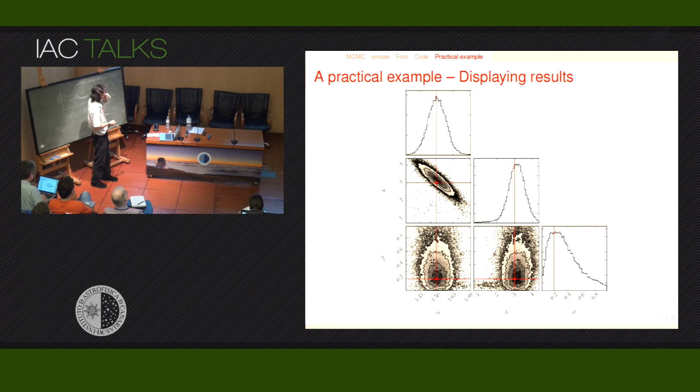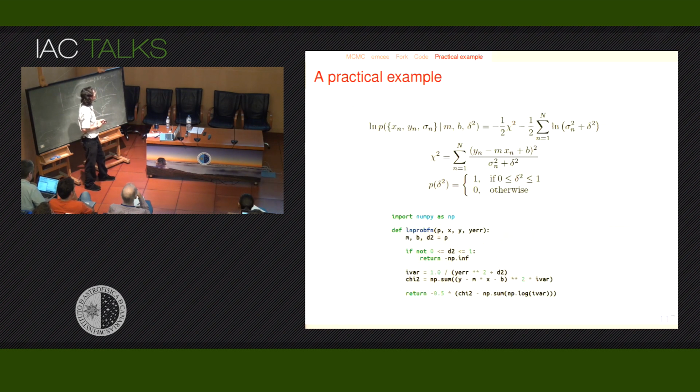And so here's a really classic thing where the slope and the intercept of a line are really anti-correlated. Because if you make it steeper, you have to kind of move it down a bit in order to fit. Yeah, sure. To the data?